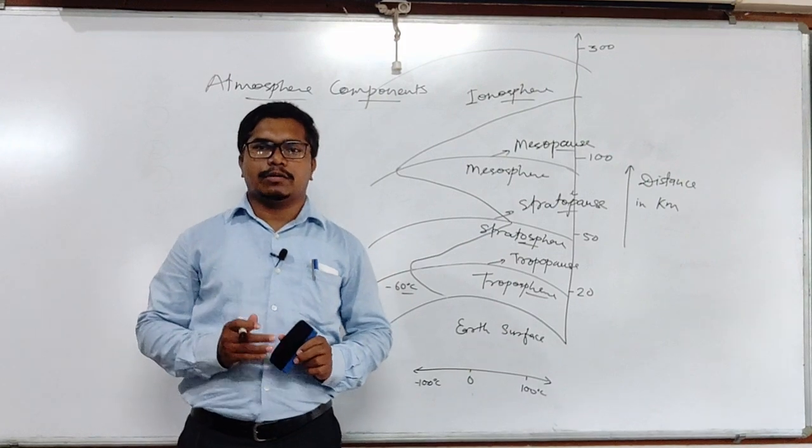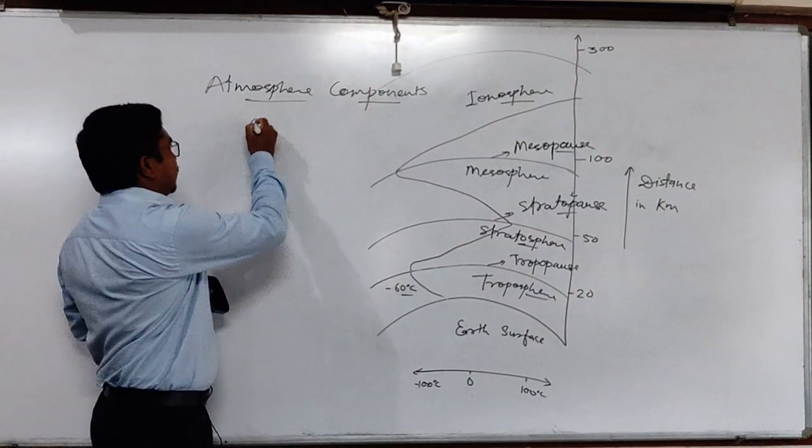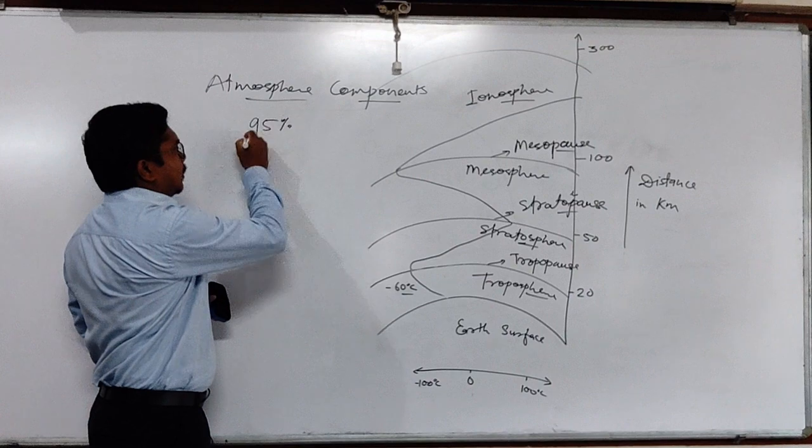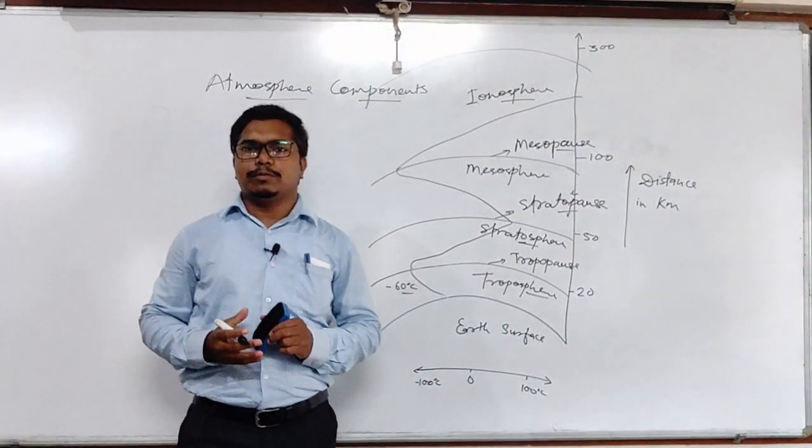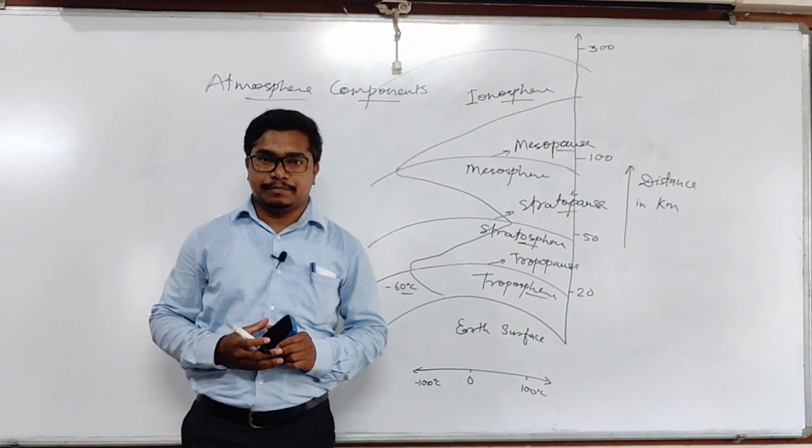The 95% of gases of atmosphere are present up to 20 km above the Earth's surface.